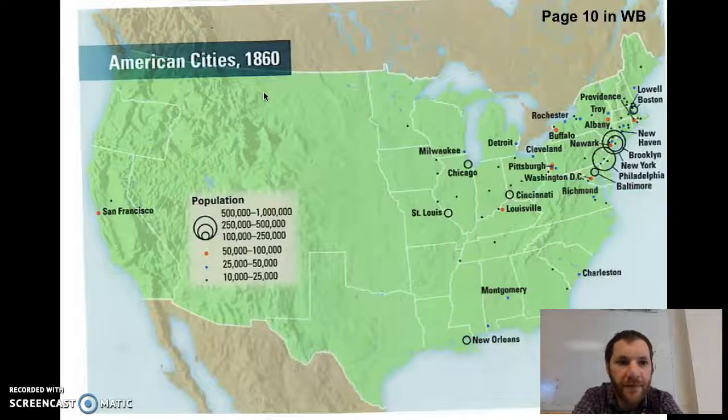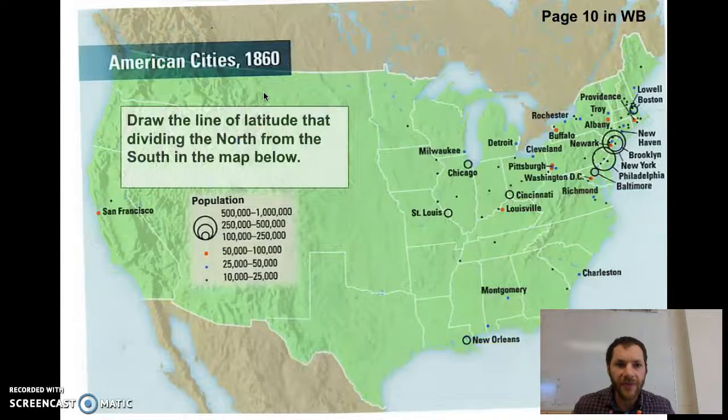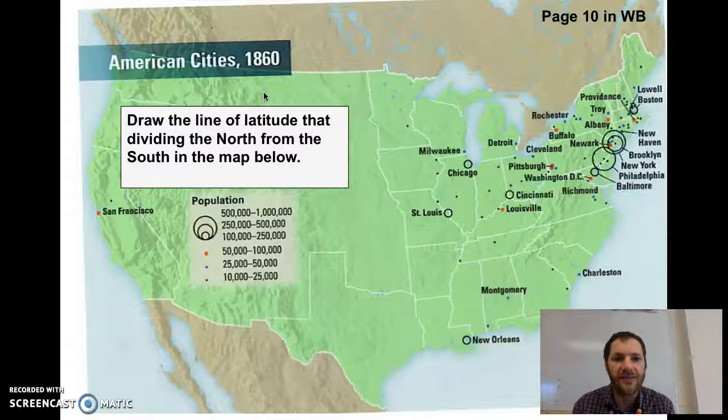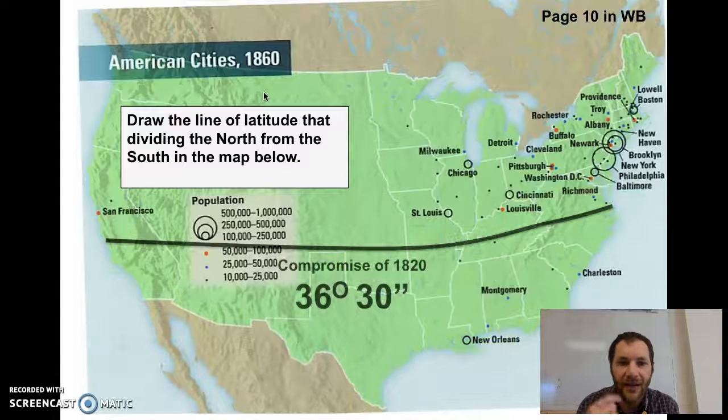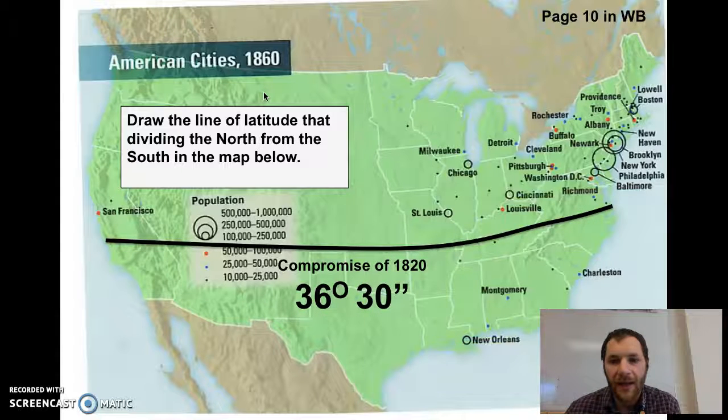The first slide that we're going to look at on page 10 is American cities in 1860, and one of the things I want you to do first is to draw the line of latitude that divides the North and South. There was a line created by the Compromise of 1820, which was pretty much set up to make things even in terms of slavery for the country.